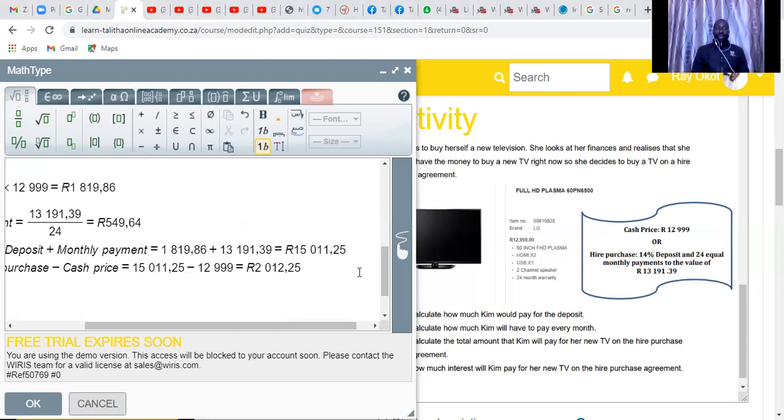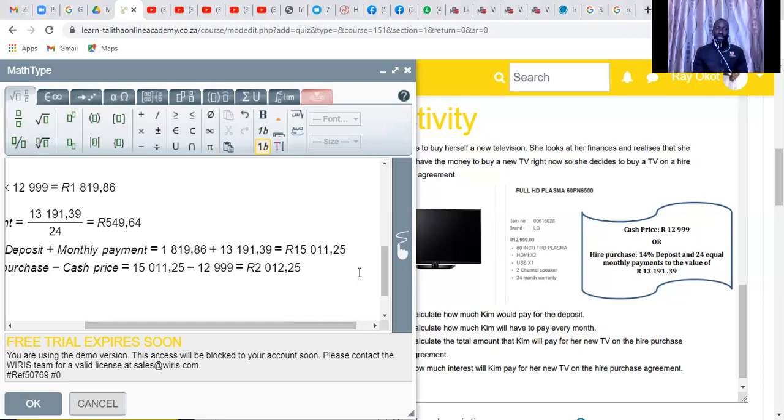This is one activity on how interest can be calculated, plus the other related quantities. We talk of deposit, okay? We talk of the monthly payment, which we had already defined in the previous step. We saw that the deposit is like the first installment made for the payment for a product, with the monthly payment or the balance being paid over a period of time.